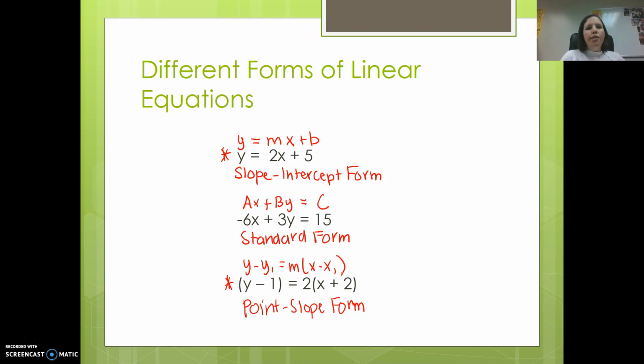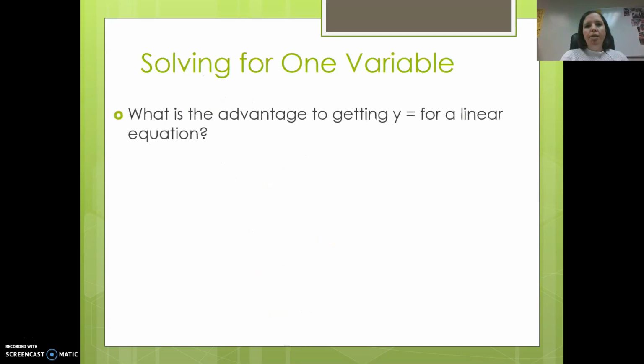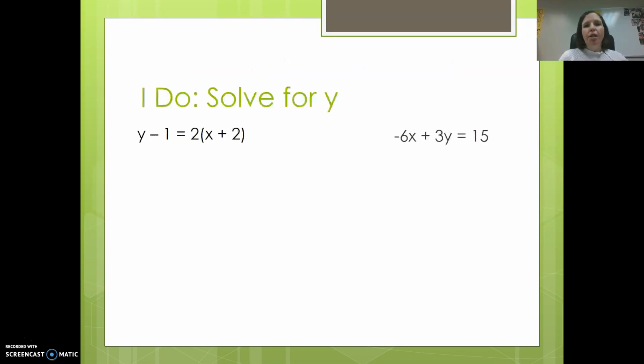Now, regardless of the different forms, we're going to be able to pull some information out of each different equation. We'll talk about which equation gives you the best information and different cases where you want to use each of them. But one of the skills we need to have is being able to change between the different forms of equations. What's the advantage of, say, solving for one variable in an equation is that it's changing the format into giving you different information.